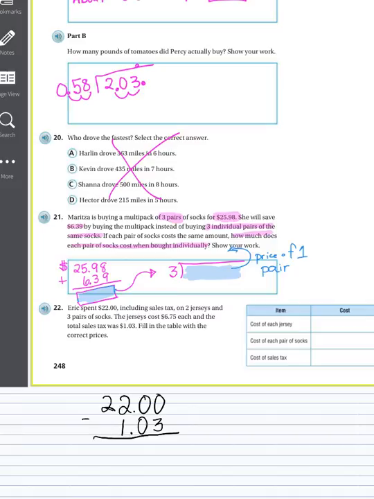So after you figure out that amount of money, then you're going to subtract the amount of 2 jerseys. So one jersey costs $6.75, so you're going to figure out how much 2 jerseys cost.